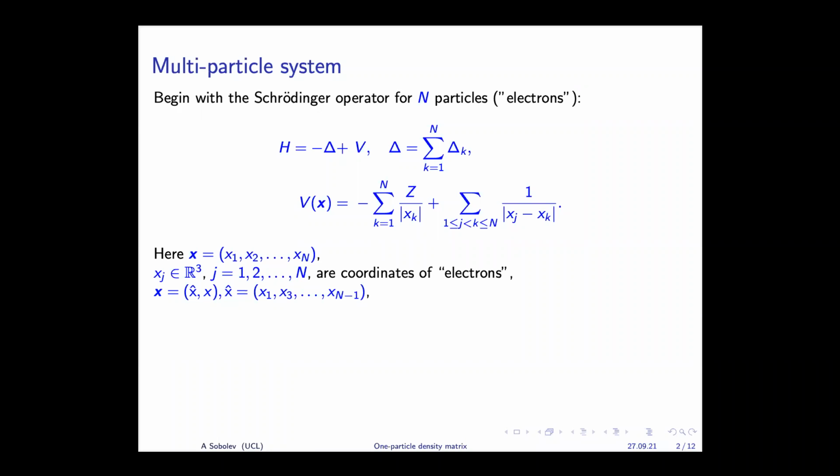And the important notation that I would like to introduce is that it will be convenient for me to take the whole collection of n particles and cut off the very last one. And it will be x hat, only n minus 1 particles, so that the whole set of coordinates can be written like that: x hat, comma x. The last particle will play a special role, as you will see later.